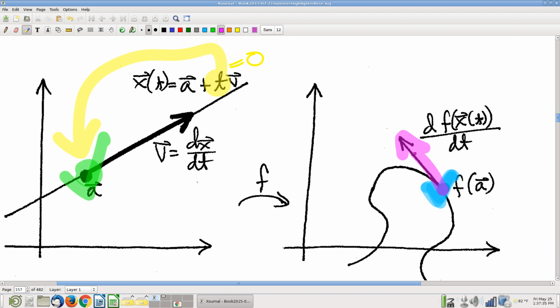So the directional derivative, this purple vector, is a derivative of this output parametric curve, but I want to evaluate that derivative at this blue point, namely at the point A, which in terms of t happens when t is equal to 0.